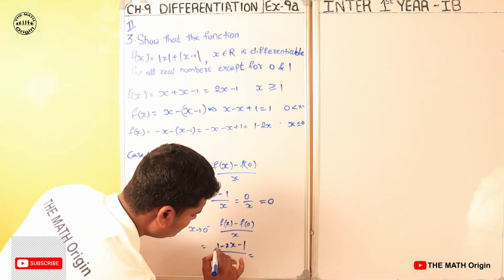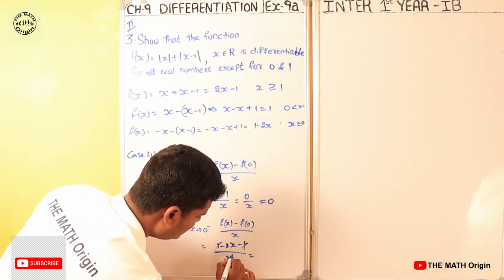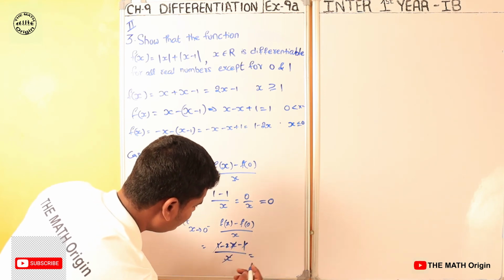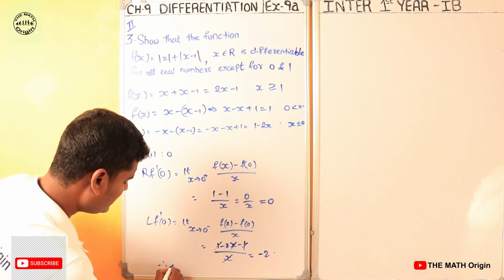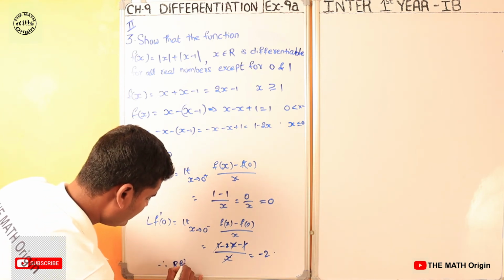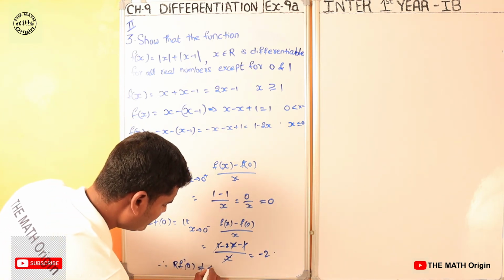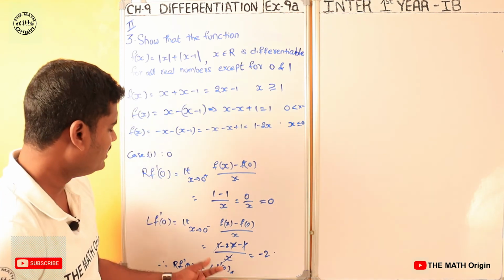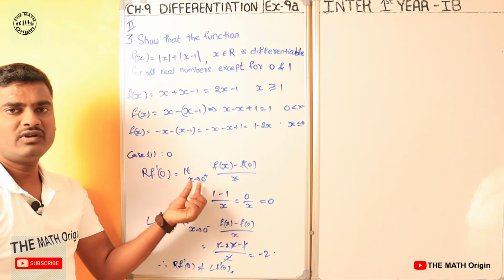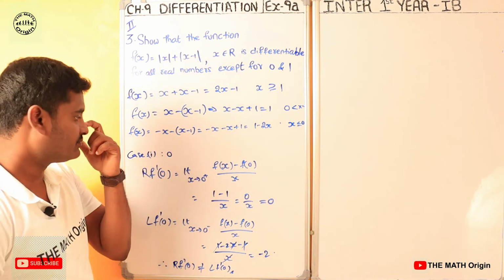Therefore that equals 1 - 1 cancels, x cancels, so the value is -2. Therefore Rf'(0) is not equal to Lf'(0). Therefore 0 is not differentiable for the given equation.